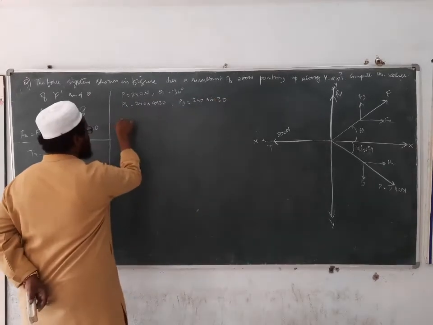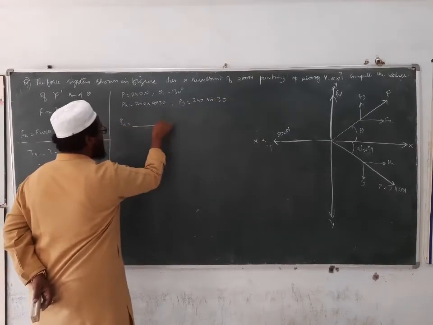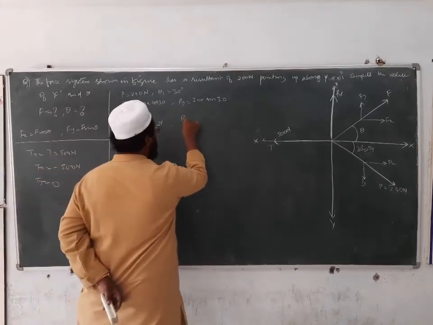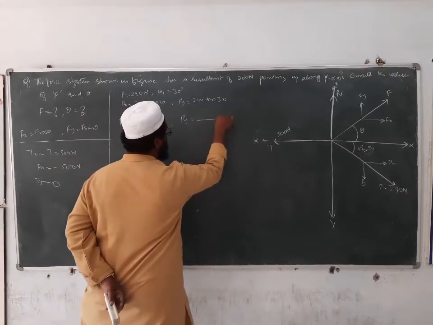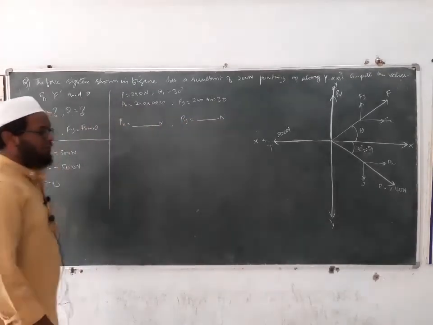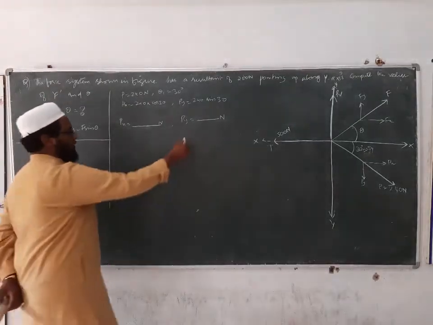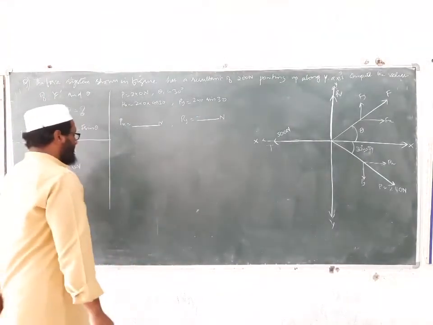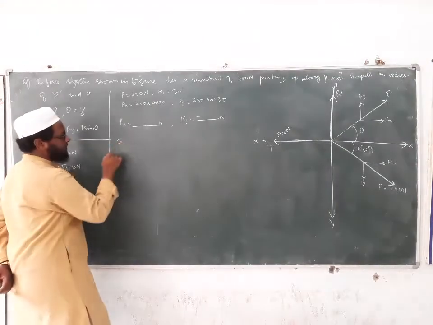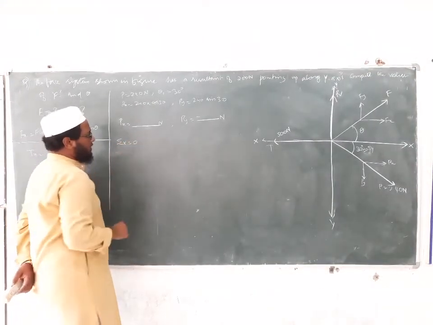Px is positive, and Py will be a negative value in newtons, because it is going in the fourth quadrant.